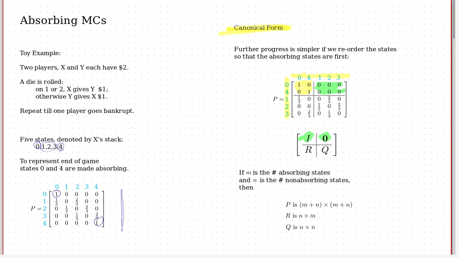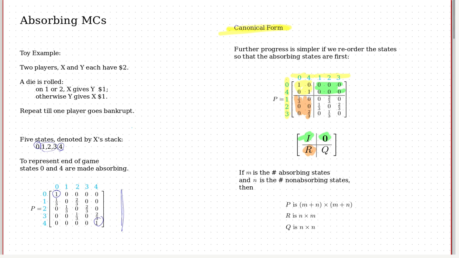We've got a matrix here in the lower left-hand corner, and those represent the probabilities of going from a non-absorbing state to an absorbing state, and that's denoted by R. So we'll use R to denote that section of the transition matrix.